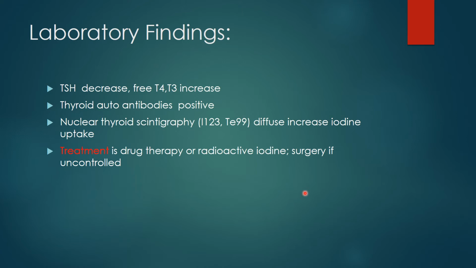The lab findings of Graves' disease are almost the same as the hyperthyroidism lab findings, which I have discussed with you in the previous slides. That is, TSH will be decreased, free T4 and T3 will be increased, thyroid autoantibodies will be positive, and nuclear thyroid scintigraphy, like iodine 123 and technetium 99, shows diffuse increased iodine uptake.